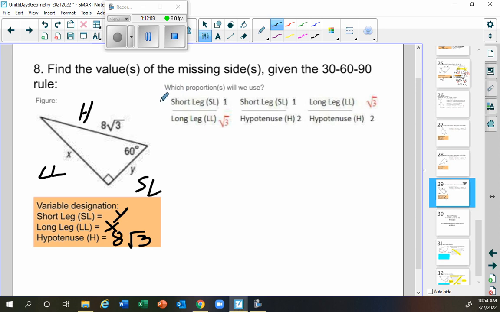So now we need to start filling in what we have up here. So the short leg we said was Y. Long leg we said was X. And then 8 square root of 3 was our hypotenuse.